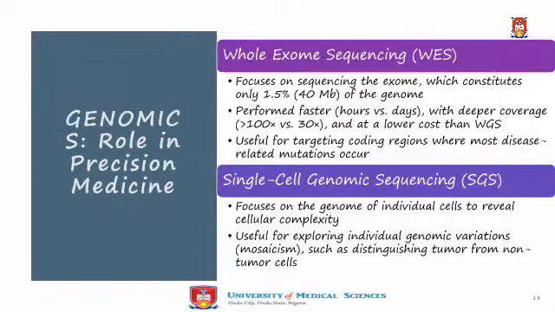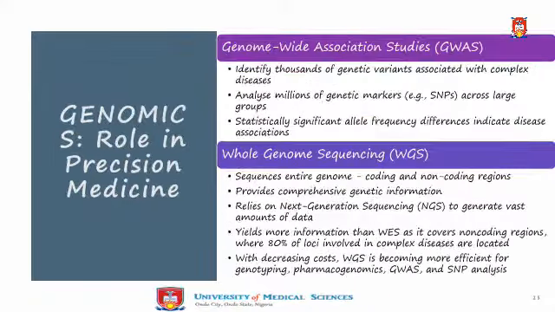So in genomics, we now have many useful studies. We have GWAS, that's the Genome-Wide Association Study. Like I gave an example of how a genome association study confirmed that B blood group is susceptible to severe malaria.